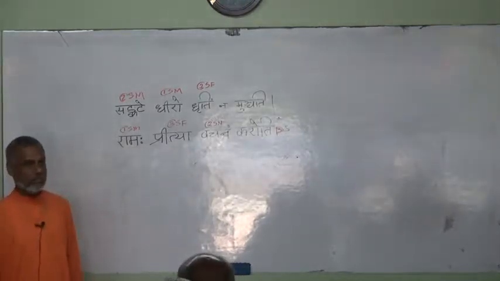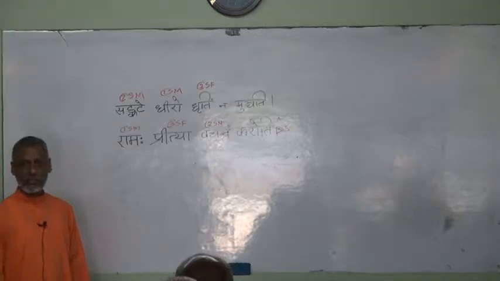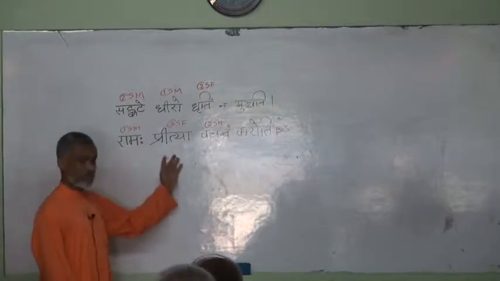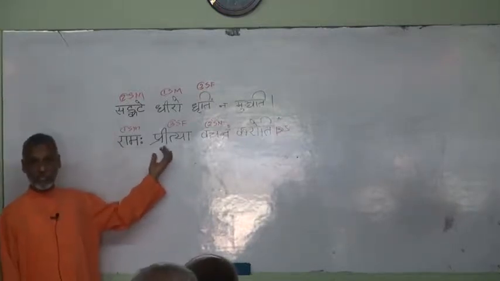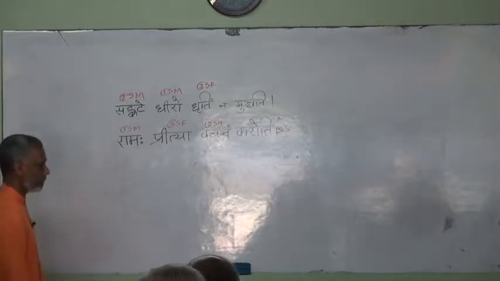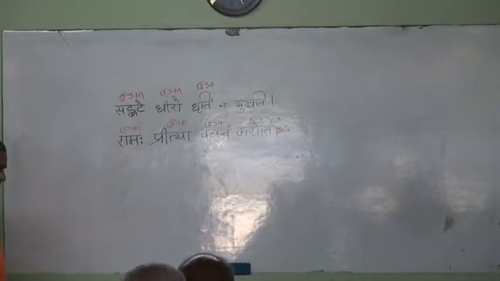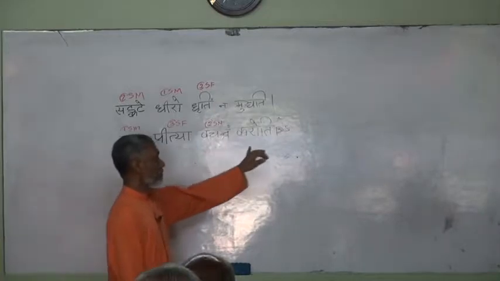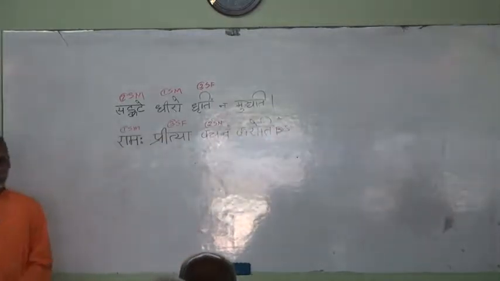Rama speaks loving words, but then the loving in this sentence is what we call in Sanskrit a present participle. It is something else. You have to try to get the exact translation because it's in third case. You have to say with. Otherwise loving will be an adjective. But here it is different. Alright. So that's how you have to go on doing all of them. Now, next one. Read it for me.